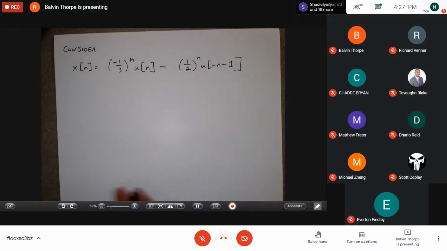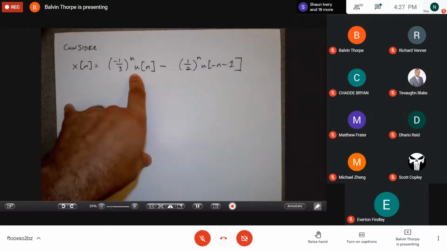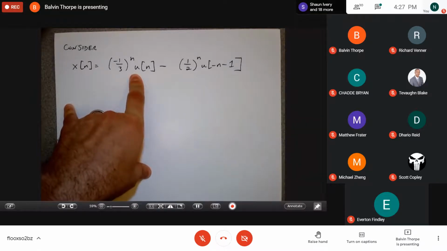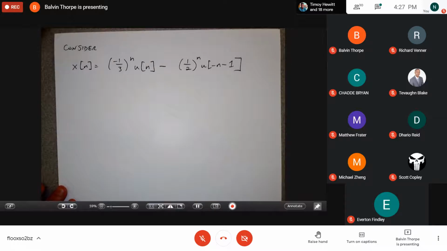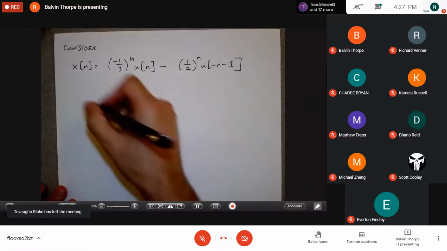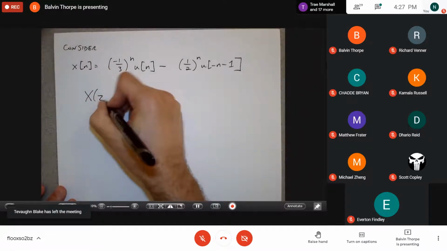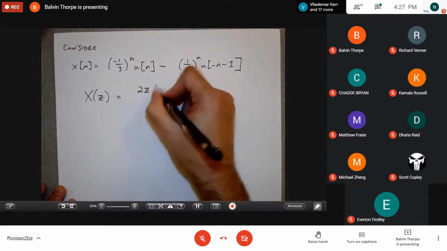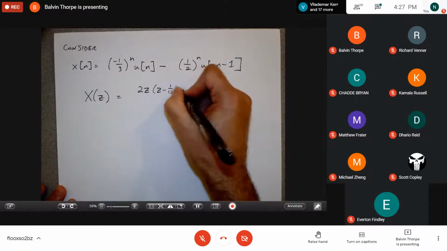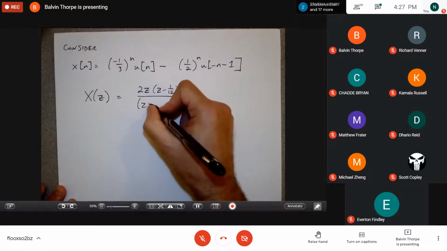That's like saying this part covers what's happening for n greater than or equal to 0, and this covers what's happening when n is less than 0. And it turns out that I can work this out to this very same algebraic version.